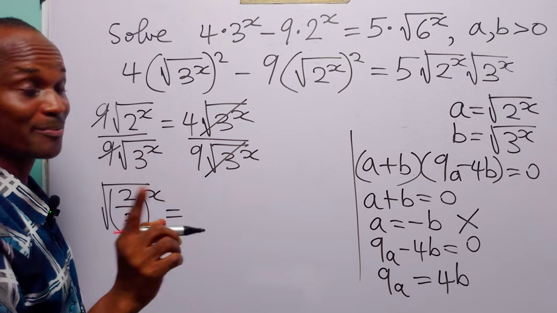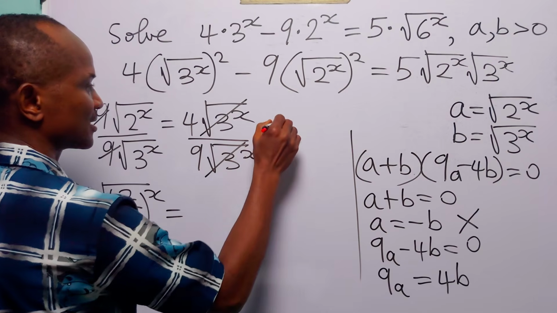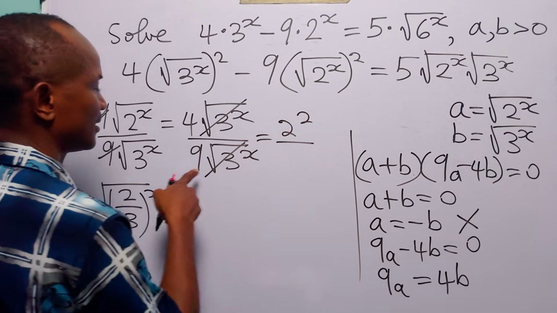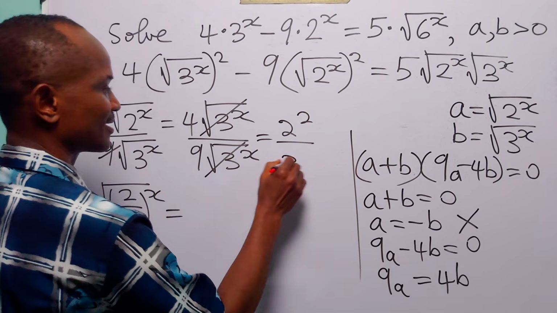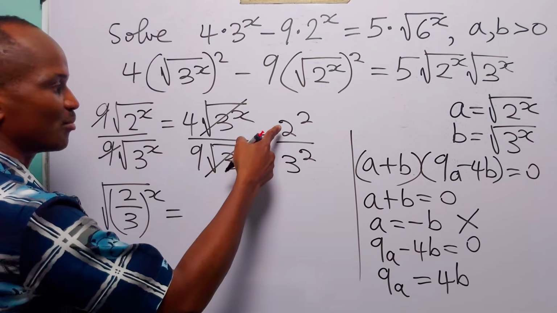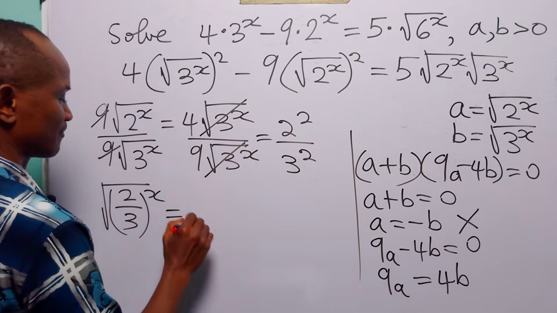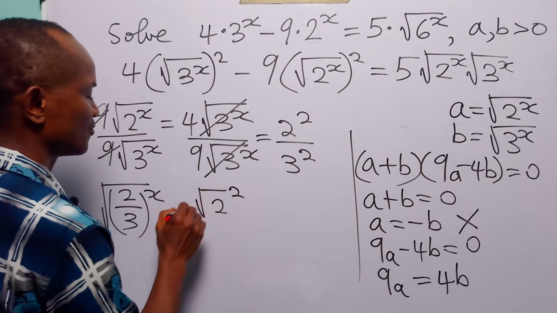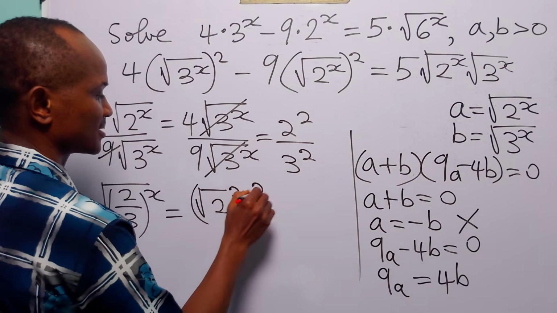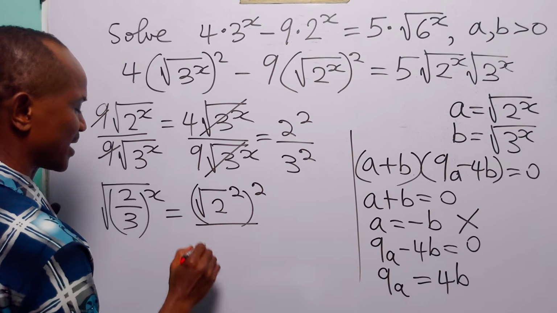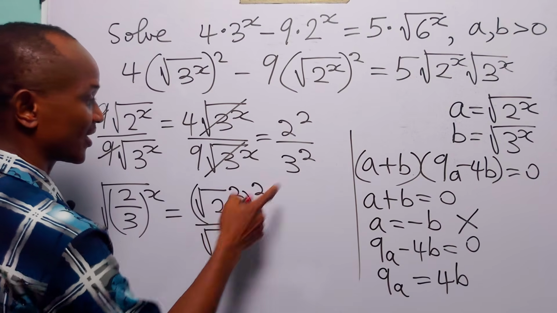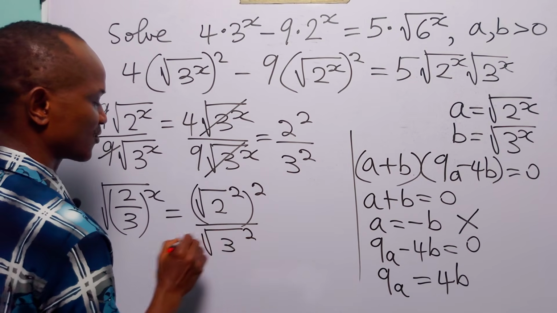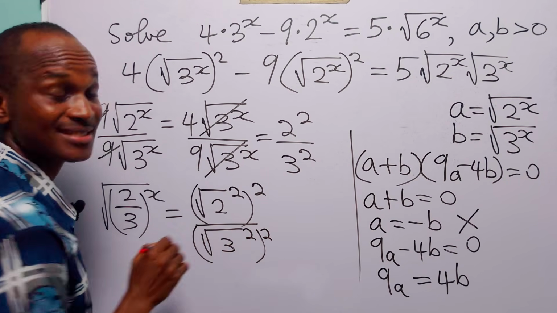But now remember that 4 is 2 squared and 9 is 3 squared. But then 2 is root 2 squared. So this is root 2 squared squared divided by root 3 squared squared.